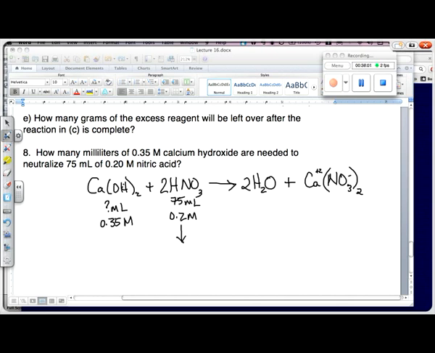So get into moles by rewriting the big M, 0.2 moles per liter. Notice that I'm saving my volume because I'm going to be multiplying that by it. Don't put the 75 milliliters on the bottom of the 0.2. The 0.2 big M by itself means this. Now I will change the 75 milliliters to liters, 0.075 liters, and multiply to get my moles.